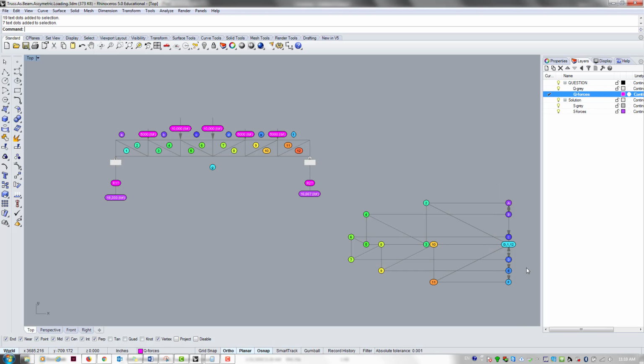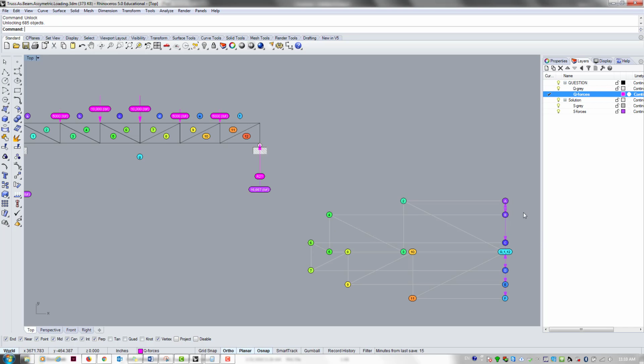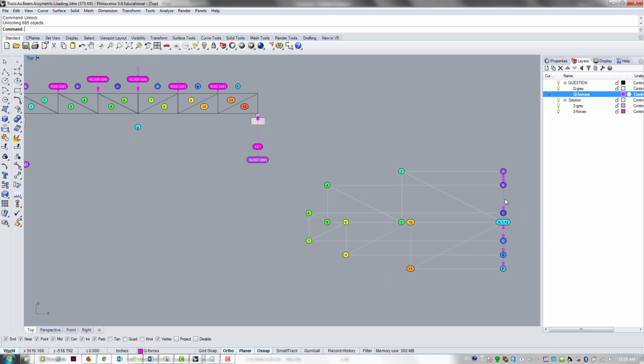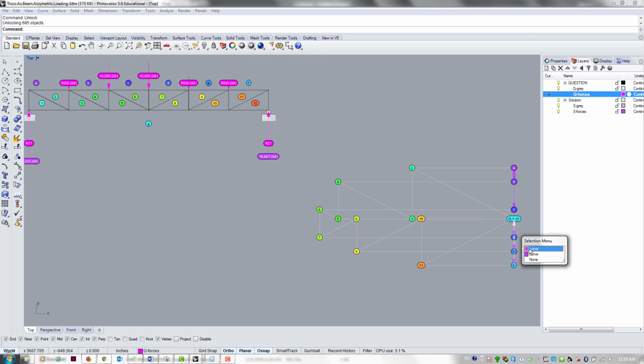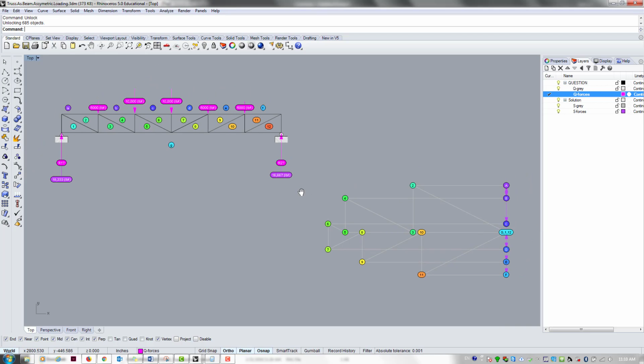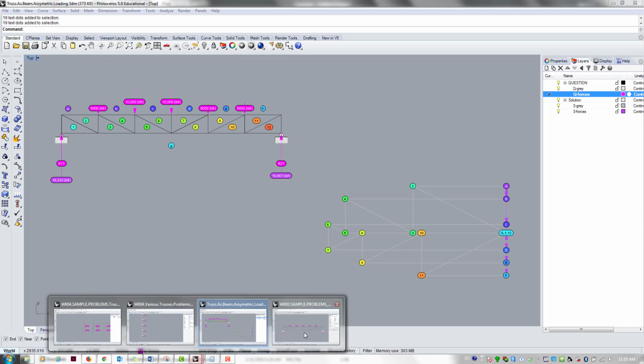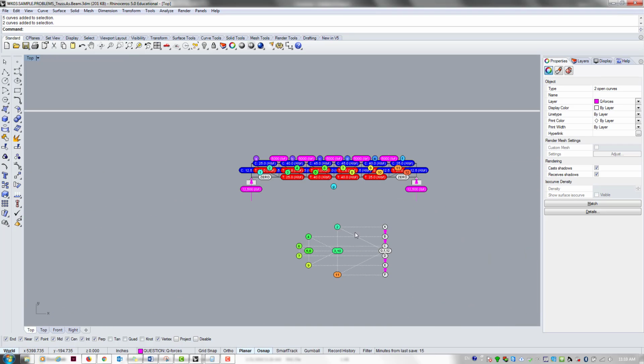Except that, compared to the previous problem, BC is longer, and CD is longer, right? Anyway, then you have these reactions, and you name the zones in the truss just the same way. If you follow the same steps, because the points A, B, C, D, E, F are distributed differently on this right side, it's going to slightly differ compared to, for example, this problem, right?